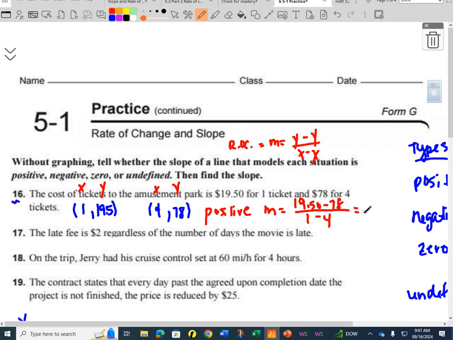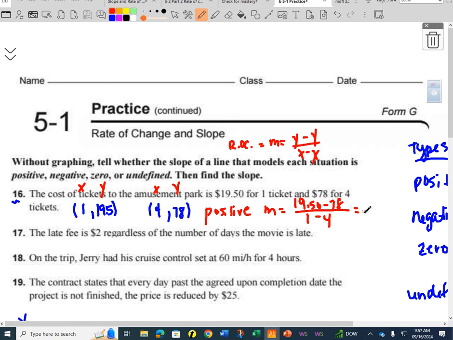If you do that on your calculator, what'd you get? So on the calculator do 19.5 minus 78 equals, divide by parentheses 1 minus 4 close parentheses equals.